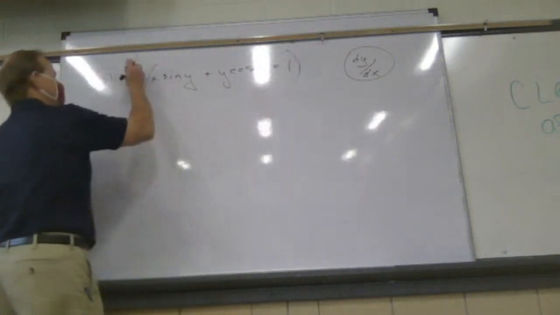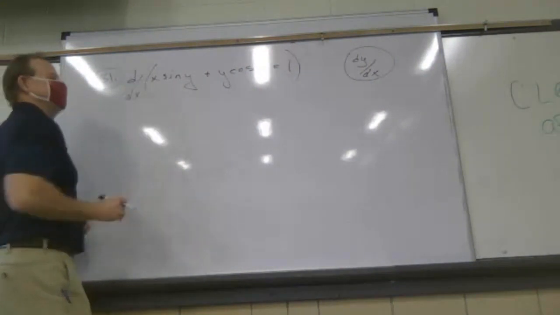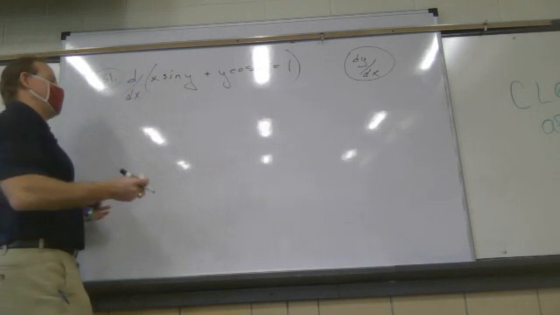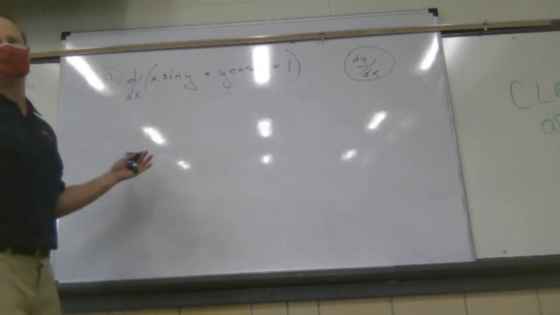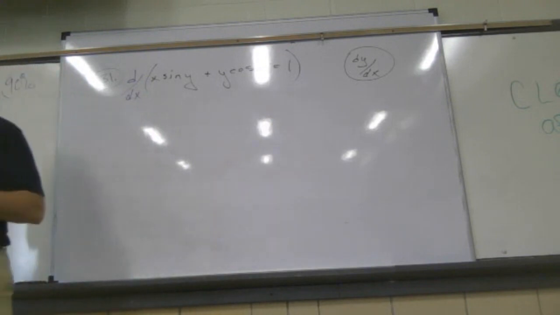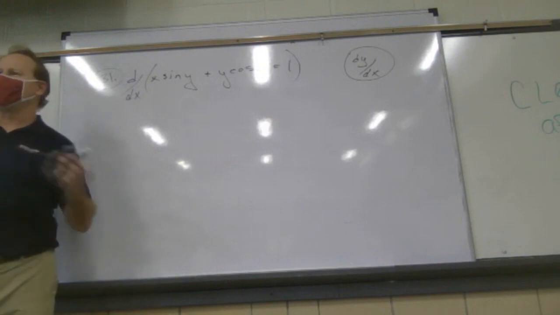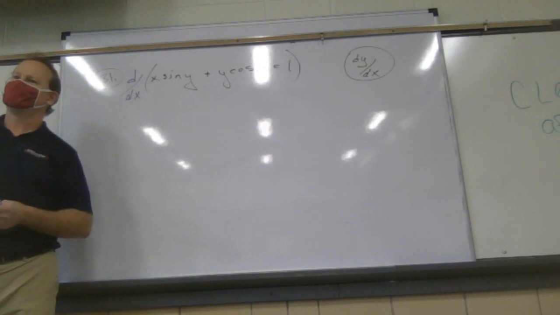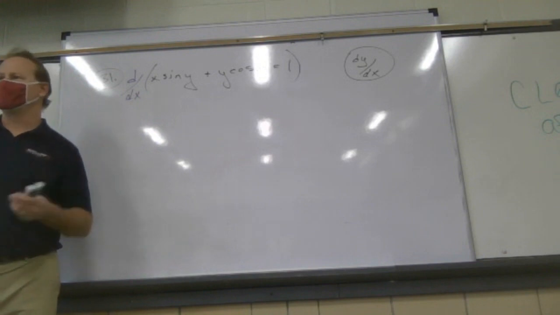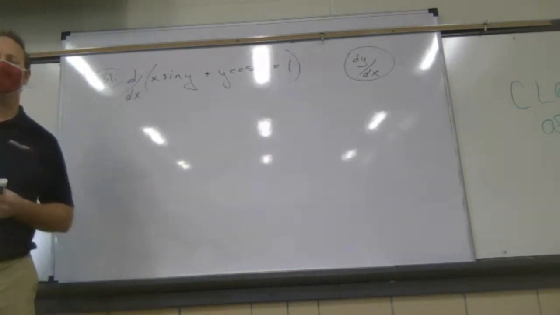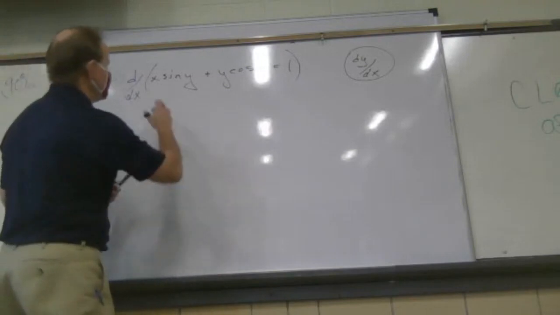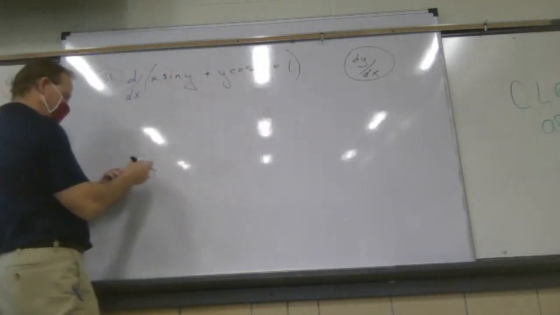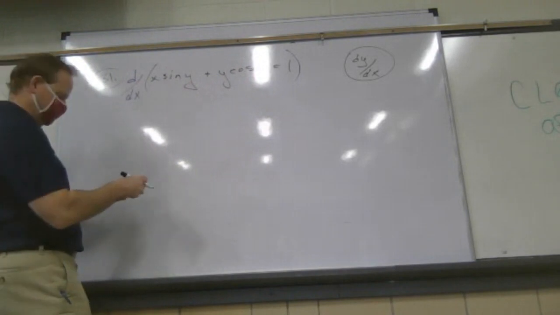Same deal. Derivative with respect to x of both sides, correct? If it's in terms of x, we just take the derivative. But if it's in terms of y, we act like it's okay and then attach a dy dx by multiplication. It's just that simple. So if I do the left side, derivative of the sum is the sum of the derivatives, so I have to take the derivative of x sine y first.